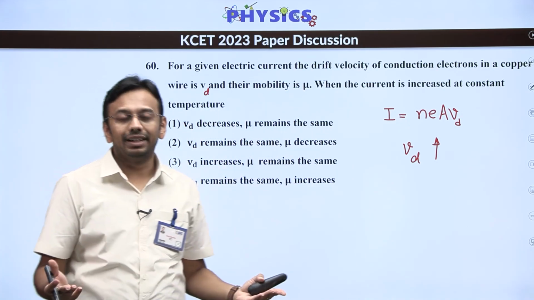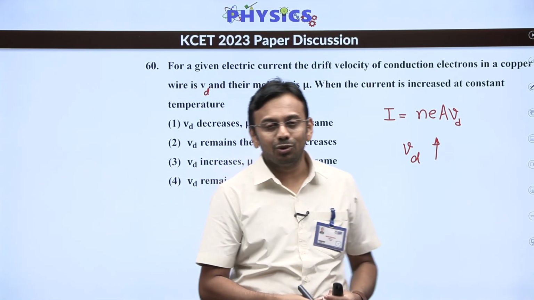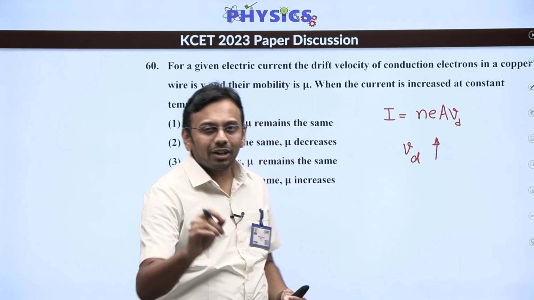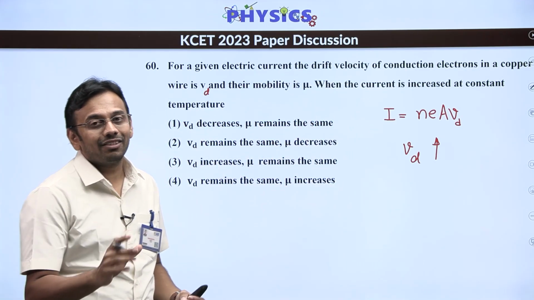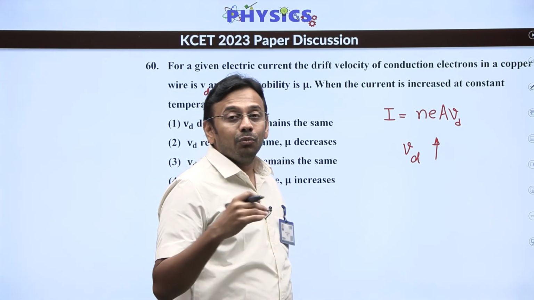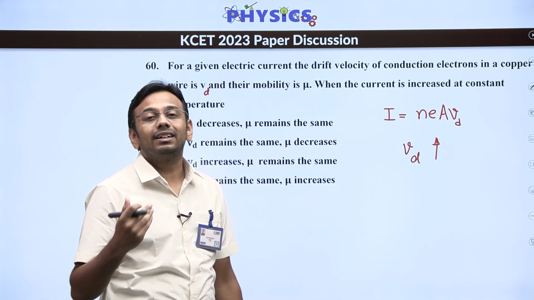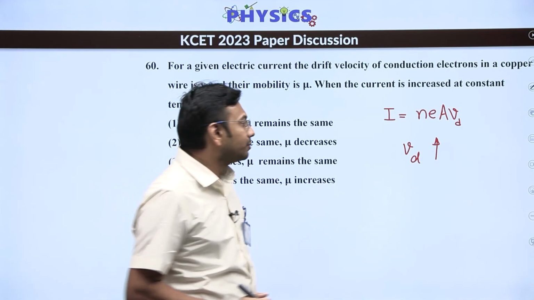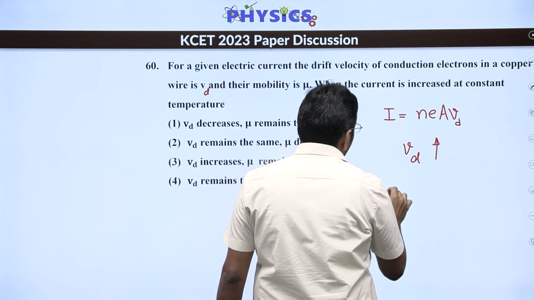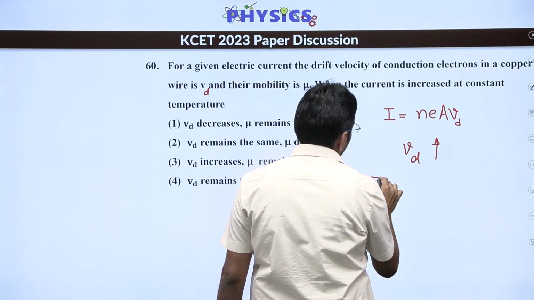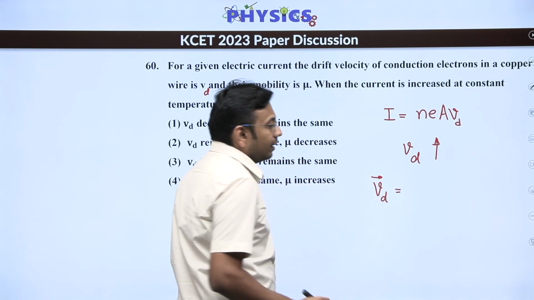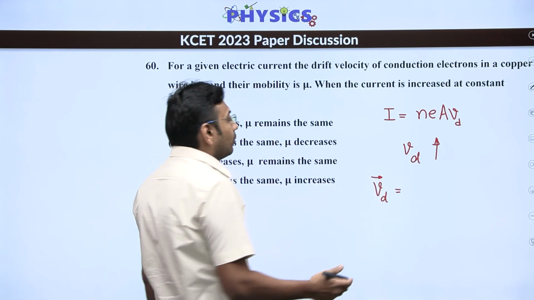But what about mobility? And what exactly is mobility? So this is a very small micro concept which we need to know, otherwise we will not be able to solve this. Mobility is the ratio of drift velocity to the electric field, magnitudes if we take. So we know that the drift velocity can be written in terms of the electric field also.